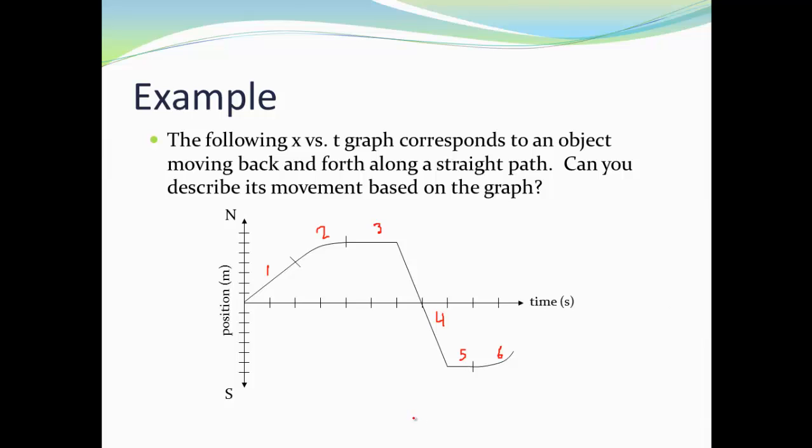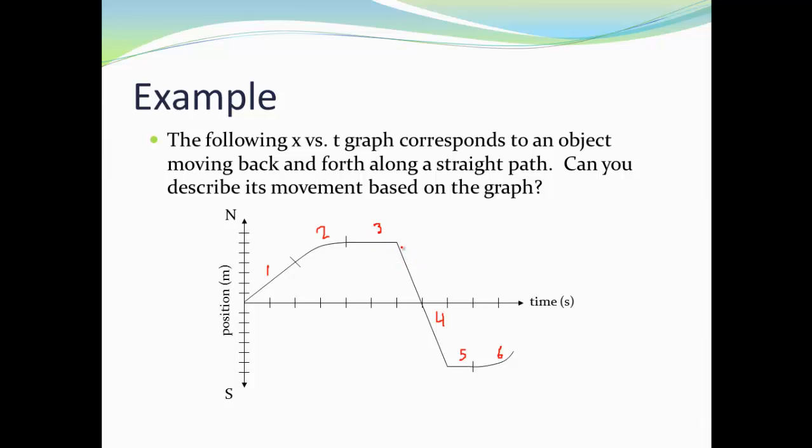Okay, for this one, section 1, we're moving away from the origin in the positive direction at a constant velocity. For section 2, you're still moving away from the origin in a positive direction, but you're decreasing velocity, or slowing down. In 3, you're moving at a constant velocity of 0, so not moving, staying at the same position.